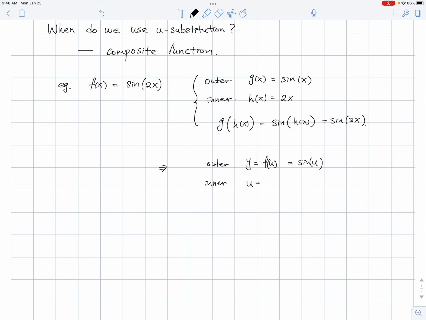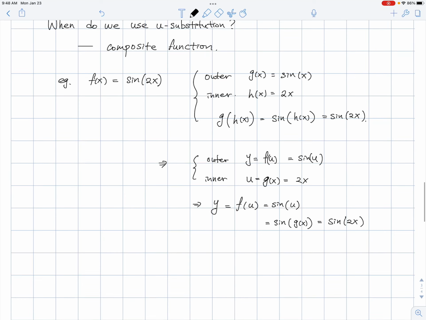And then you can say u is equal to g of x, which is 2x. Now this way you would still have y equals f of u. And what is u? U is nothing but g of x, which is 2x. So with this notation, we can write things in a more organized way.